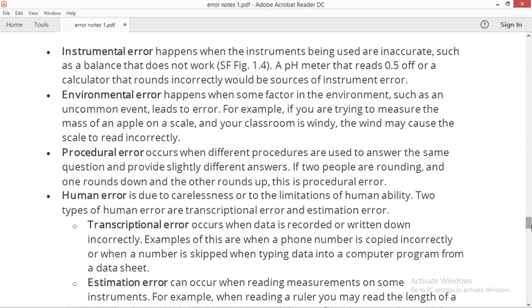These errors can be avoided. Procedural error. Procedural error occurs when different procedures are used to answer the same question and provide slightly different answers. If two people are rounding and one rounds down and the other rounds up, this is procedural error. This is when two people do not follow the same set of rules, basically.